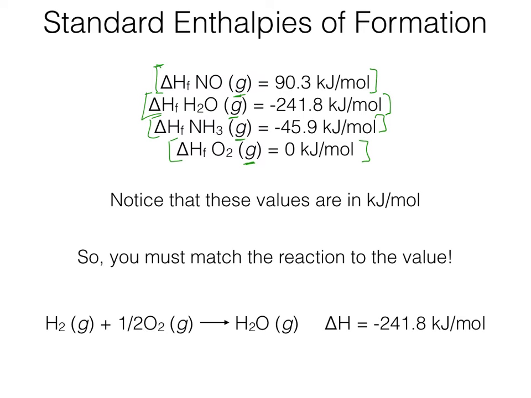Notice that the units in the table are energy per mole, so we have to use the stoichiometry in our reactions to get rid of the per mole. We also have to remember that these tabulated delta H formations are for creating 1 mole of the substance from elements in its standard state.